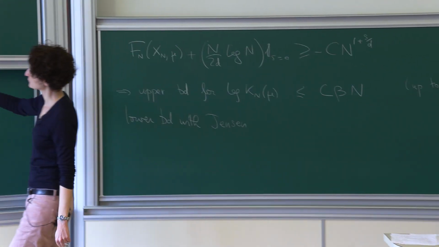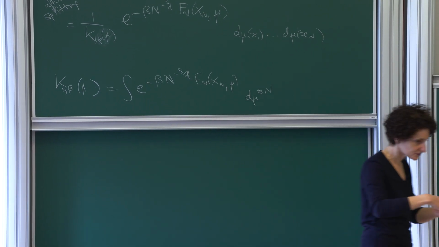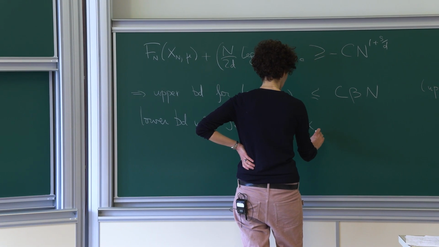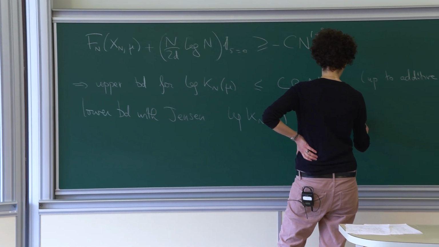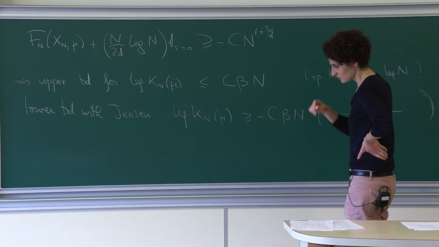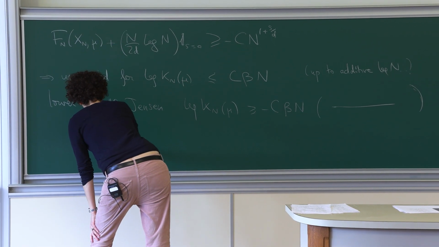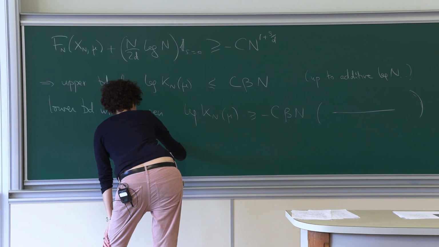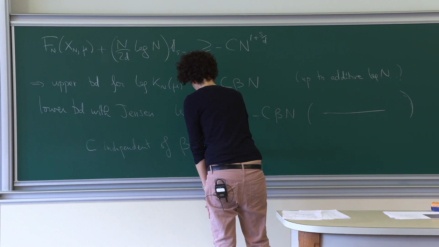Jensen will allow you to bring the exponent down and compute integrals, and it's not too long. So it's going to give you essentially the same order, again up to additive log n, and we can make C independent of beta, and that's not obvious, provided we multiply by an extra factor.